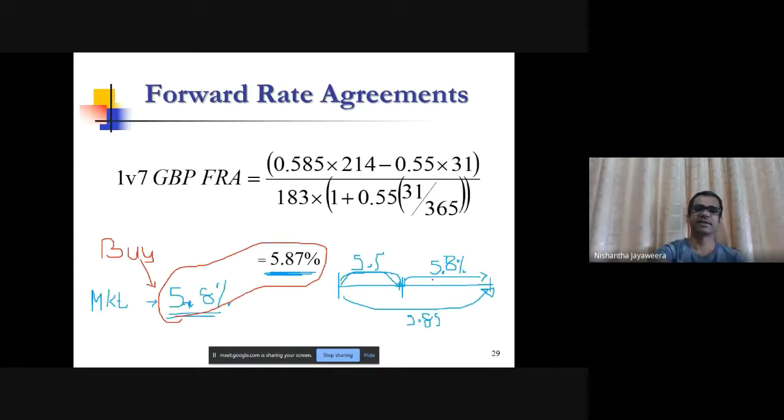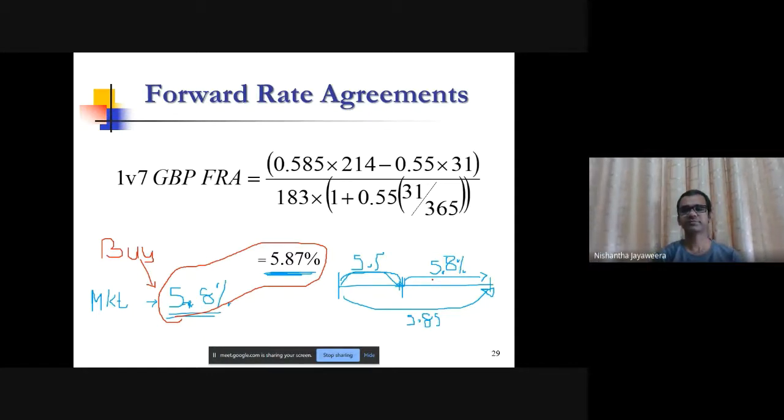If there's a difference between the market rate and the implied rate, that means there's an arbitrage opportunity. Any other question?